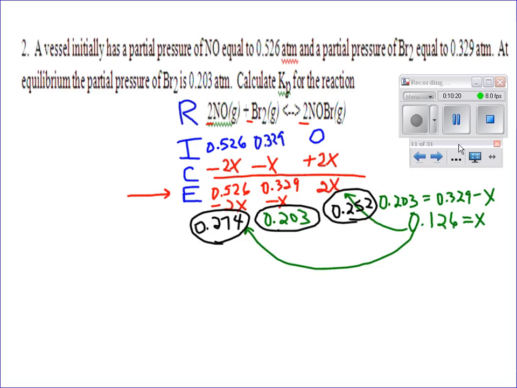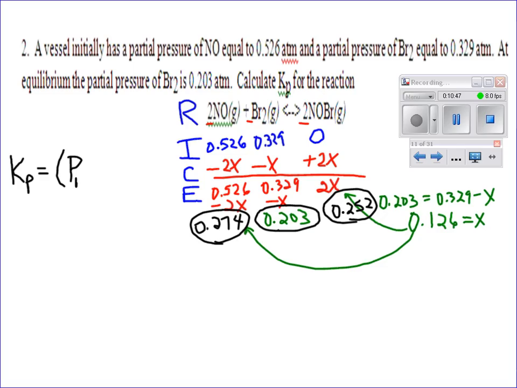So now all they're asking for is Kp. Let me show you how to write a Kp expression with the pressures. You need to be really careful on the AP here. If you just put brackets, they're not going to give you the points. So Kp is equal to, you can put parentheses if you want, and brackets won't kill you, but what you have to do is write the P. You can't just put brackets and then the compound.